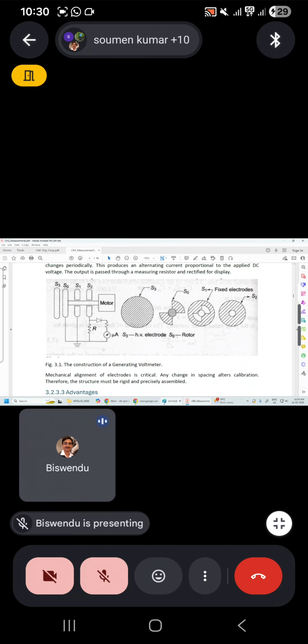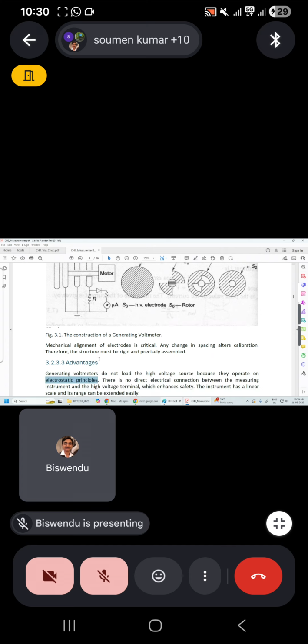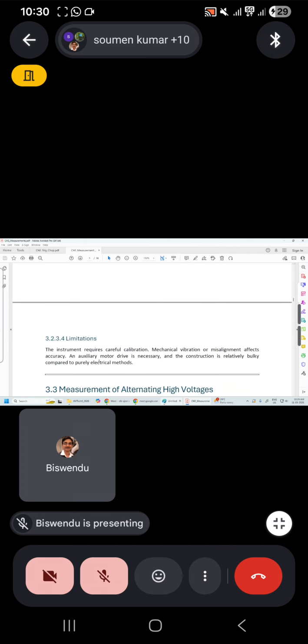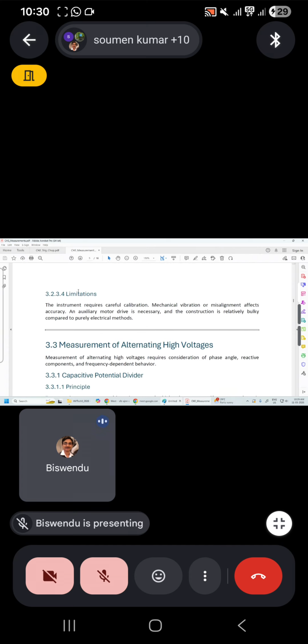This electrode is not touching. The limitations are it requires careful calibration, because which voltage corresponds to which microampere has to be carefully calibrated.